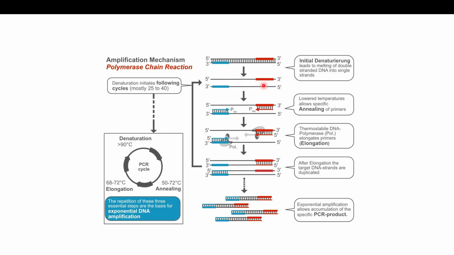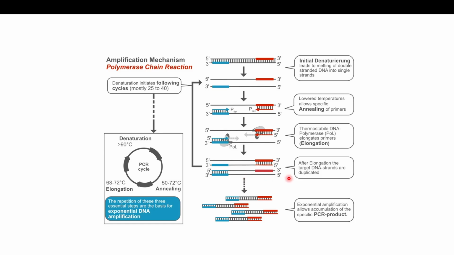Then the temperature is lowered to anneal specific primers at different regions of the DNA, and then you use thermostable DNA polymerases which can elongate the DNA chain using each template strand, which is the elongation phase. Then there's exponential amplification.